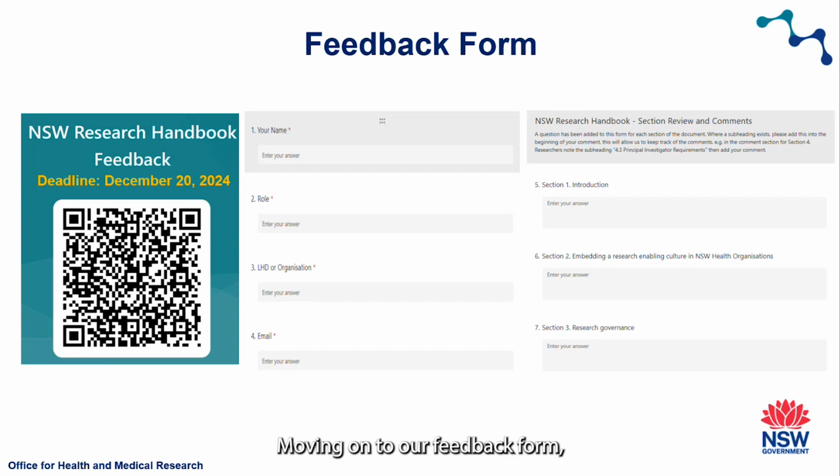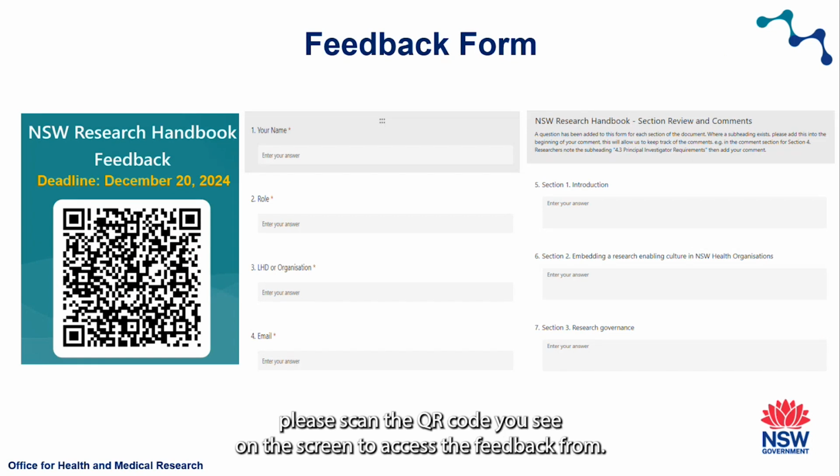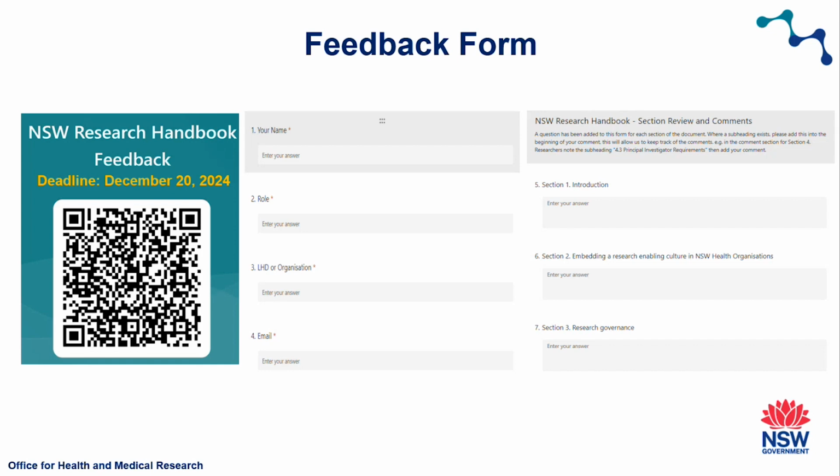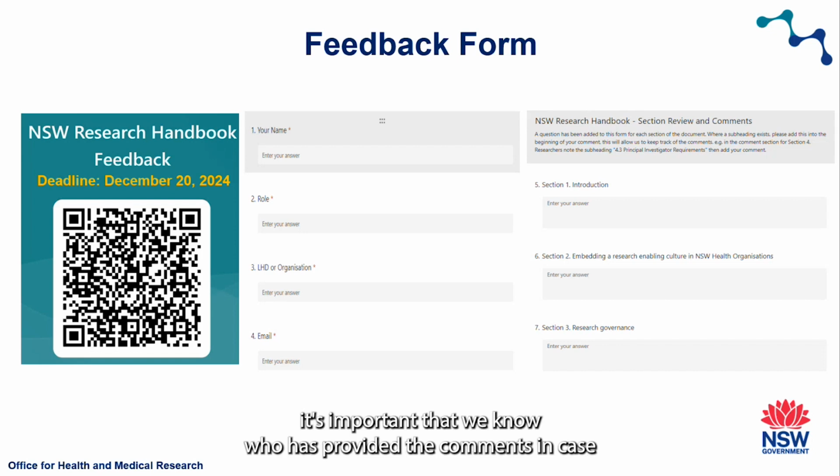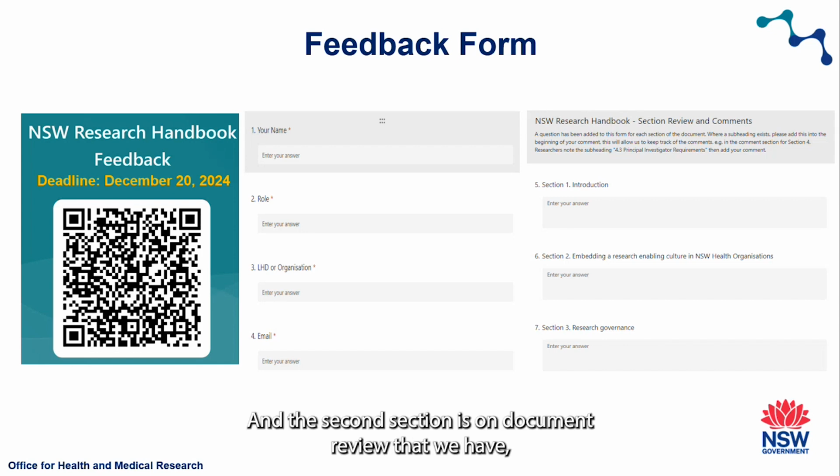Moving on to our feedback form, please scan the QR code you see on the screen to access the feedback form. This form has been broken into two sections. The first section is the contact details. It's important that we know who has provided the comments in case we need further clarification. The second section is on document review, where we have sections to match the main headings of the document.